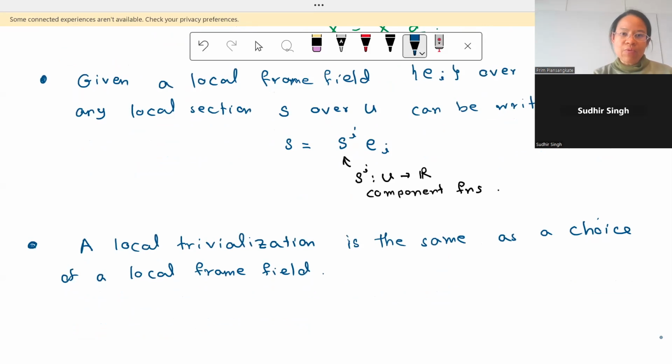And then in computation later, especially when we go to the anti-self-dual Yang-Mills equation, and we have to calculate things locally, then we will always make a choice of local frame field.